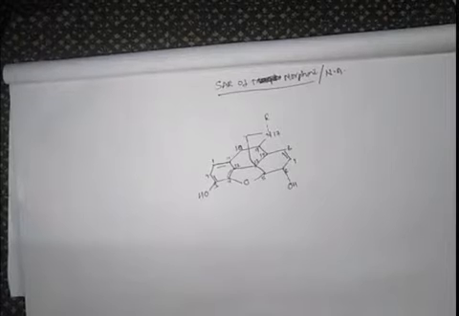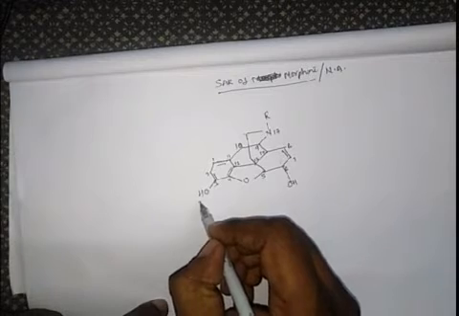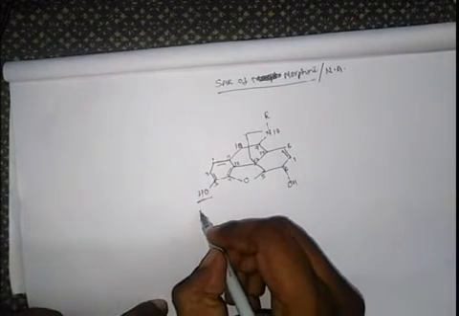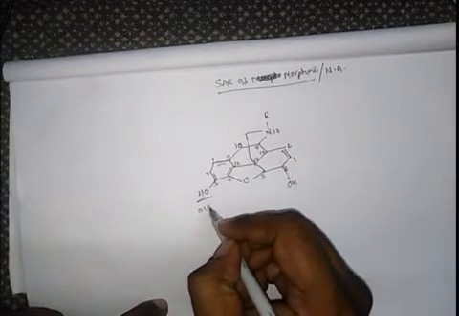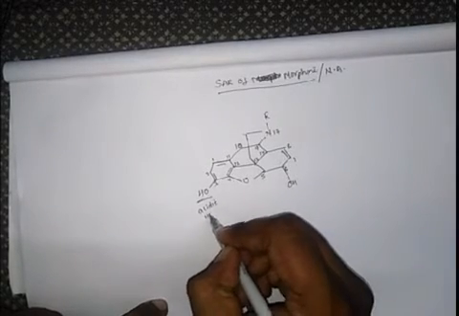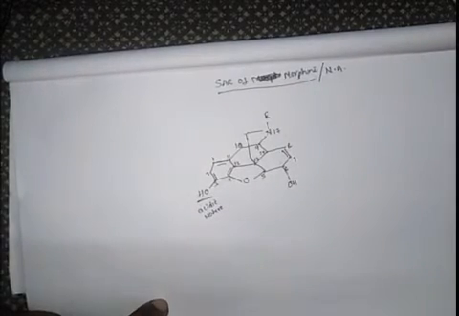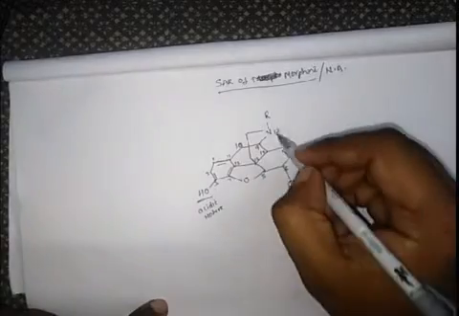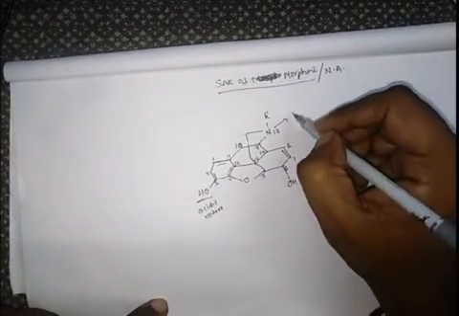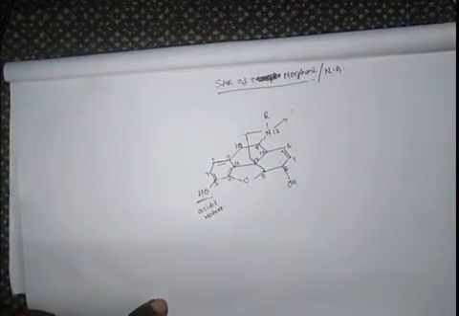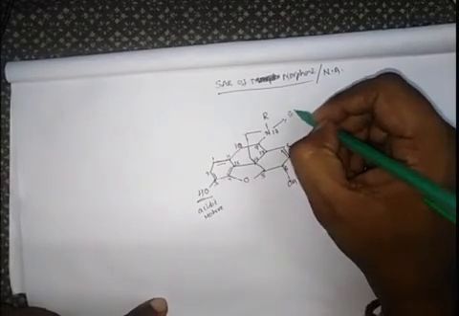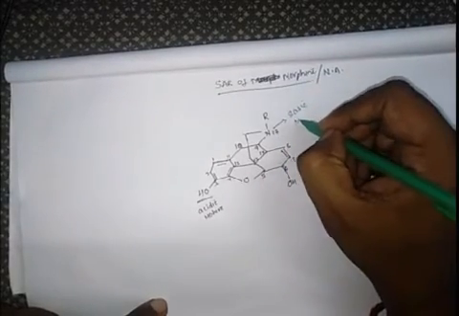Here, the OH group on the 3rd position gives an acidic nature to the morphine. And this nitrogen gives basic nature to the morphine.